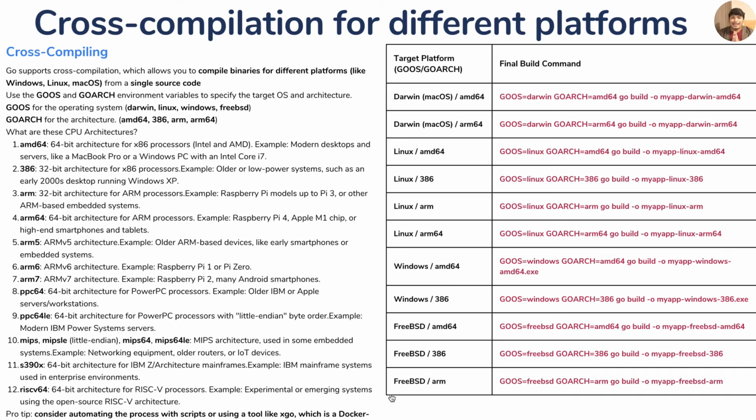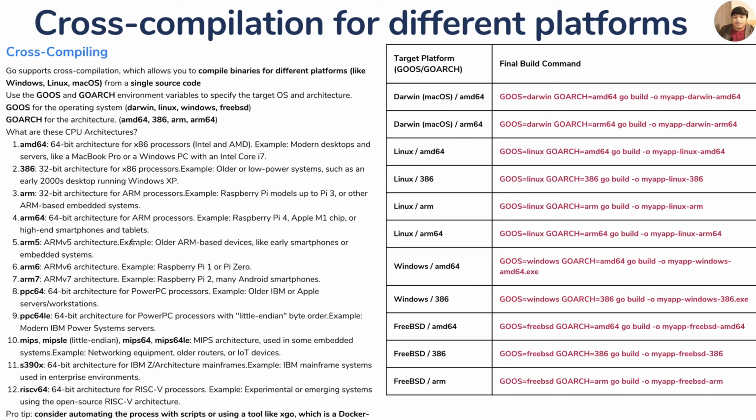That is the reason we have this Go build chart, or build matrix, using the OS and the CPU architecture. Combining those two, I have different commands. Now let's understand this in a deep dive way, because this will be very important for your DevOps use cases.